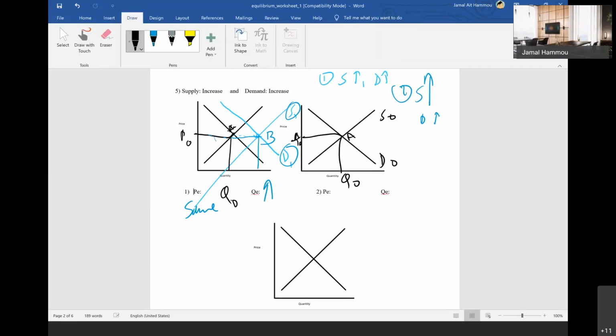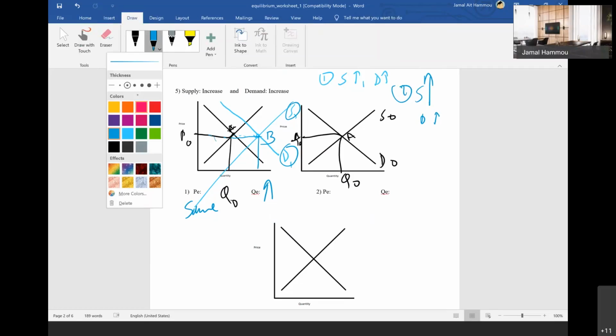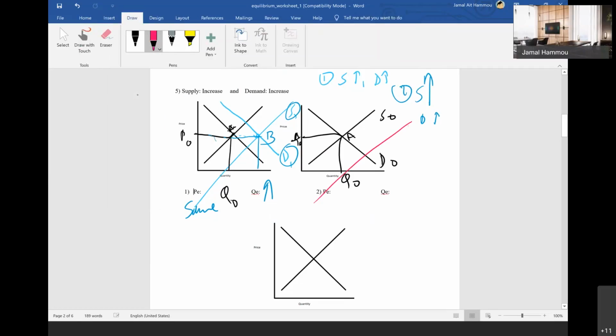Now I have to shift the supply curve by a large amount. So it means I have to increase the supply curve like this. This is S1. But the demand curve will shift just a little bit, D1. Now I have a new equilibrium at B.